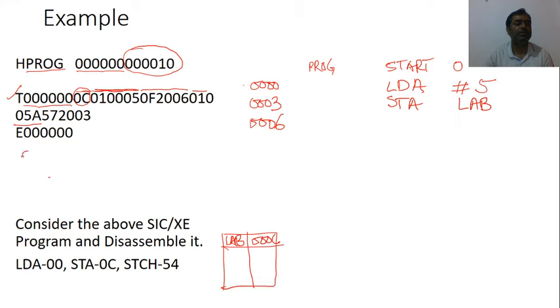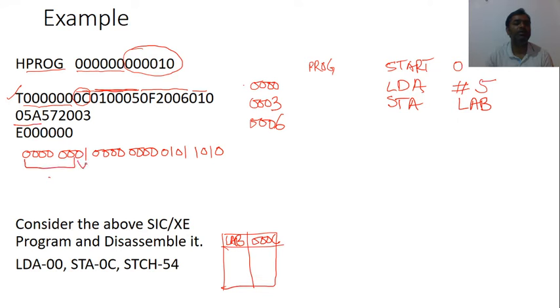That is 0000, then 0001, then 0000, then 0000, then 5A, which means 0101 and A is 1010.